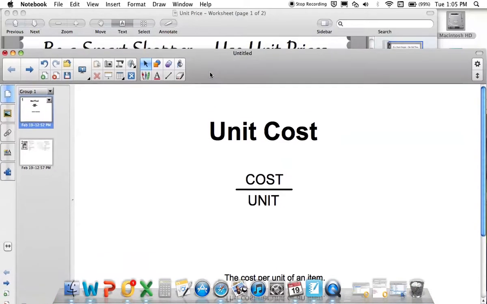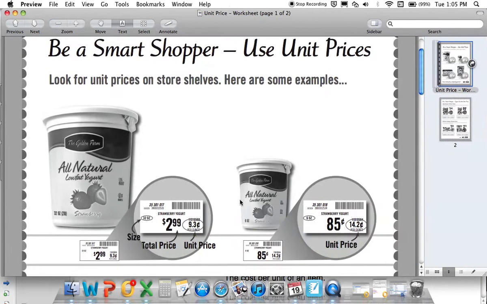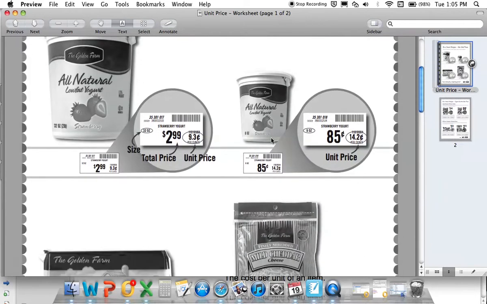Okay, you also use unit cost at the grocery store. In order to be a better shopper, you use unit cost. If you look around when buying food the next time you're at the grocery store, take note of the price per ounce or the price per liter. They give that to you at the grocery store for a reason.